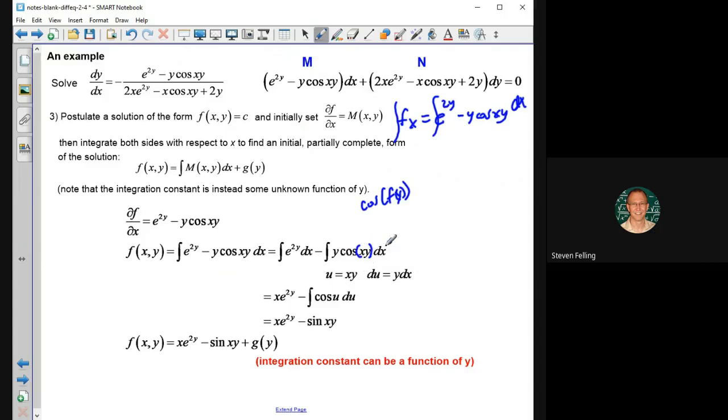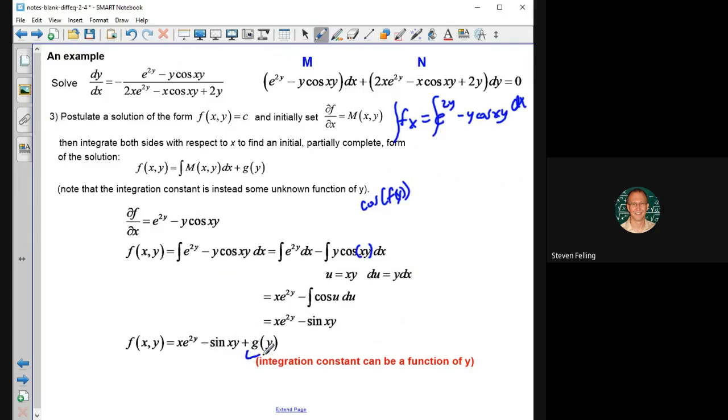X is the variable. And so this ends up being the same as the integral of cosine of u, which is negative sine of u, so it's negative sine of xy. So we had to do some fancy integration with substitution. But we found that f, which was the integral of the M part, is this plus an integration constant.